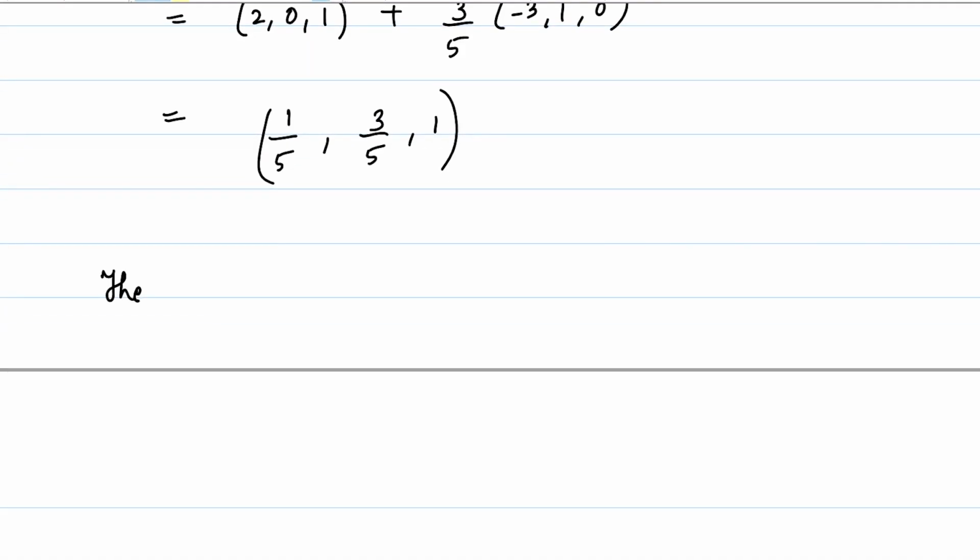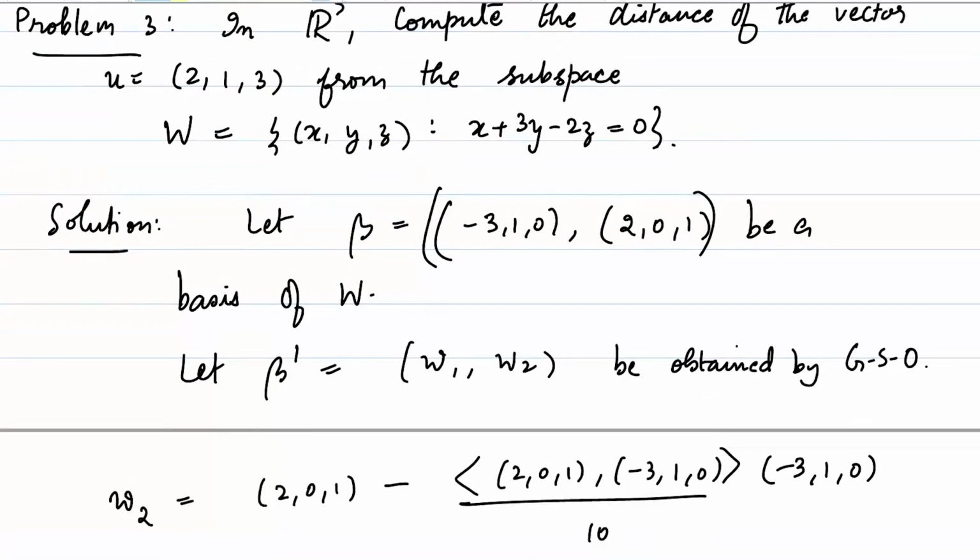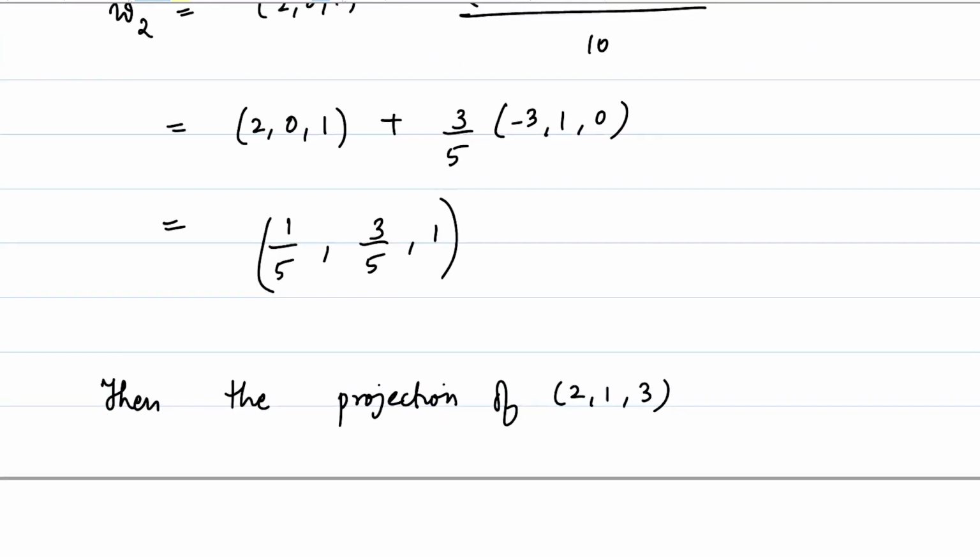And now let's see what is the projection of (2, 1, 3), which will give you the vector which is closest to (2, 1, 3). This is the closest vector in W to (2, 1, 3).